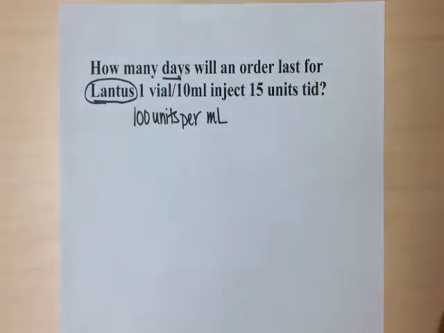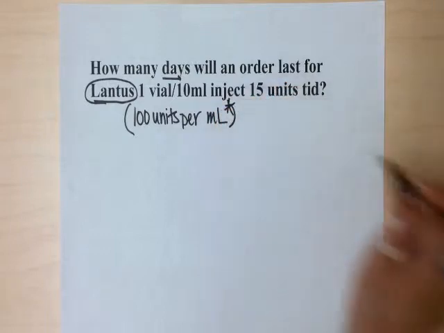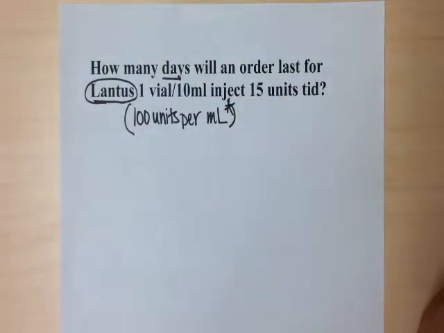Because the prescriber will not give you the number of milliliters a patient should inject. Rather, he or she will prescribe the number of units the patient will inject. So this is an important fact that you want to commit to memory, especially for problems like this.